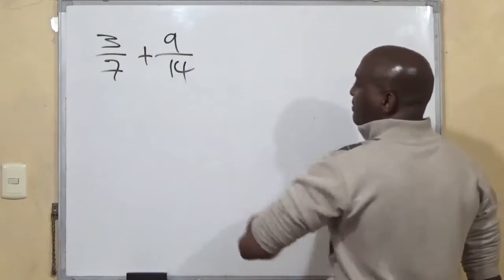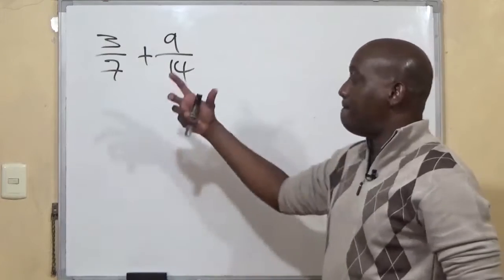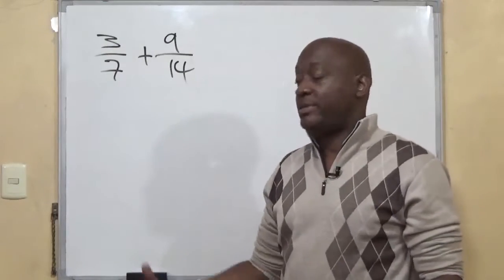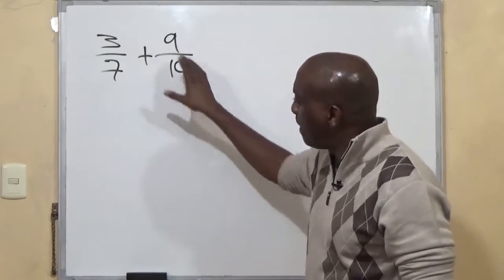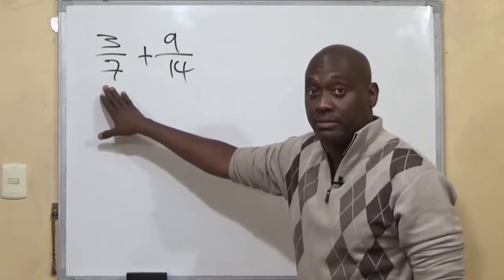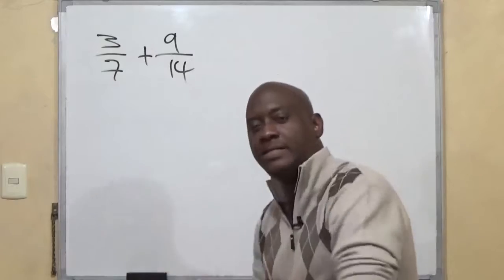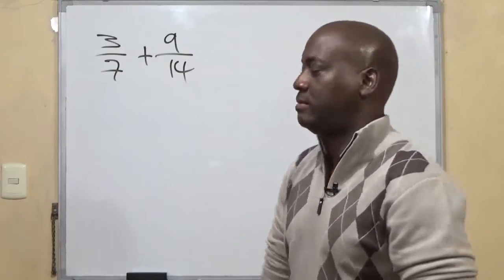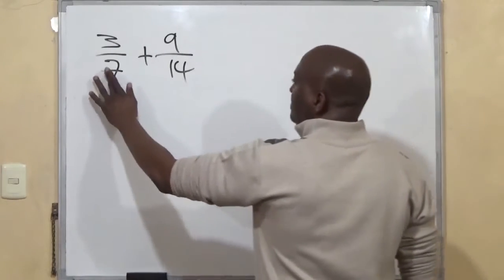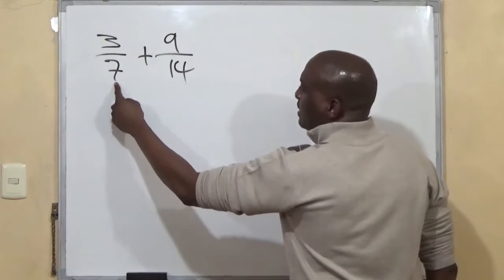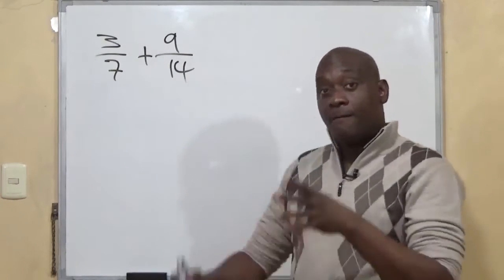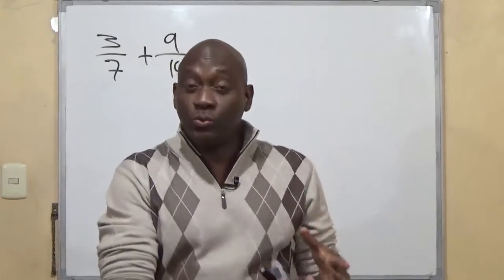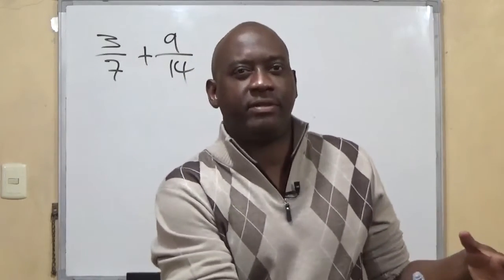So if you identify the multiplicative relationship between 7 and 14, in other words, 14 is a multiple of 7. 7 multiplied by 2 will give you 14. And then, by the same token, 7 is a factor of 14, which is to say, 14 divided by 2 is 7.